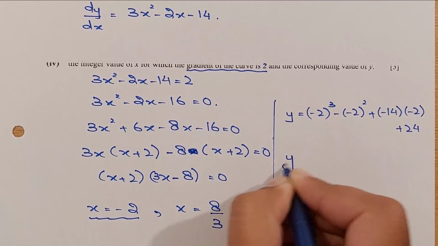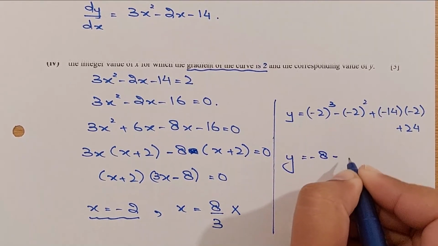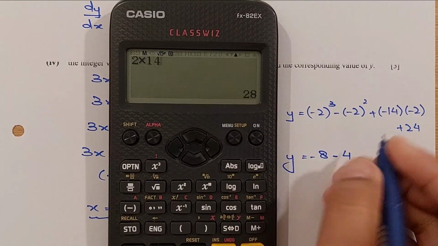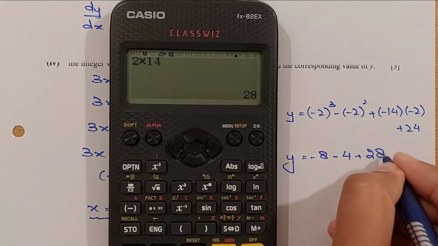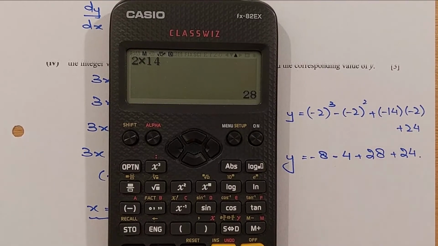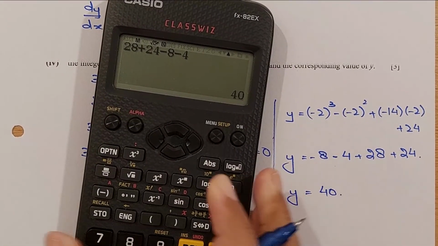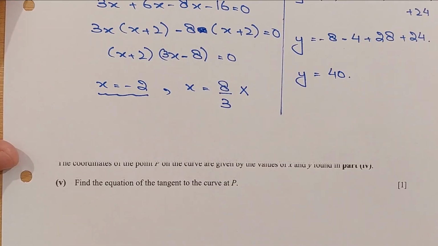This is minus 8, negative 4, and positive 28, plus 24. So 28 plus 24 minus 8 minus 4 is 40. The y value is 40 when x equals negative 2.